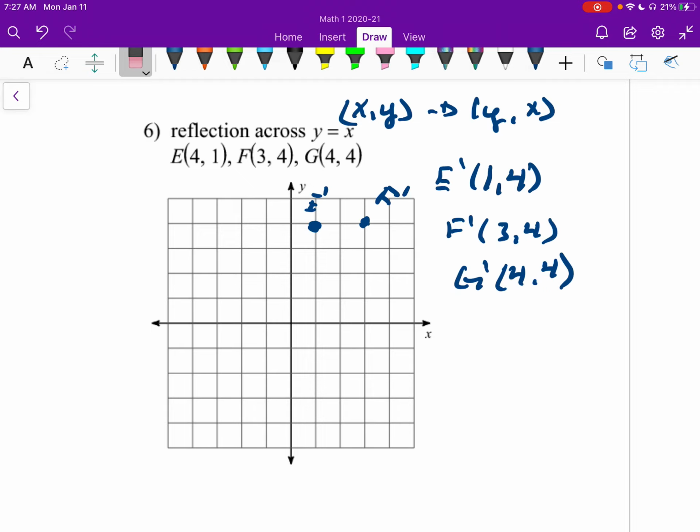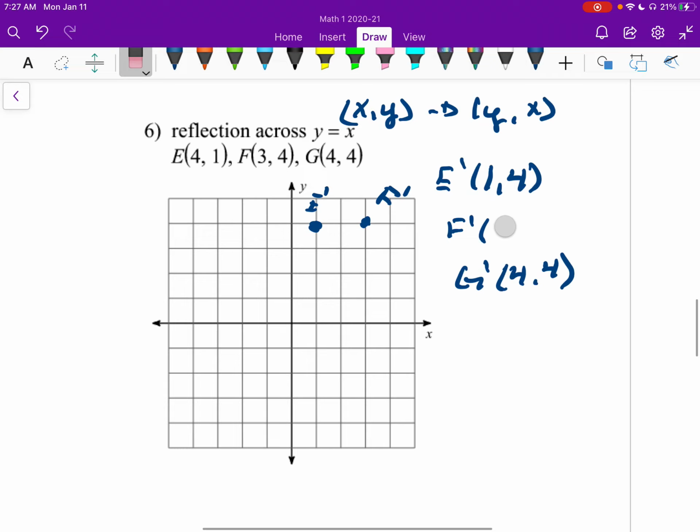Oh, I didn't fix F prime. I just wrote the same thing down. I'm sorry. Over here, it should be 4, 1. All right, yeah, that'll be better. So F is go over 4 and up 1, and then G is over 4 and up 4. All right, there we are.